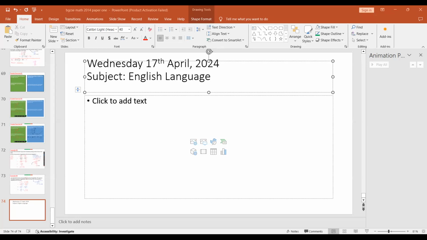So characteristics of objective tone would be what? Neutral language. So if you have an objective tone, you are stating the facts. You have neutral language.